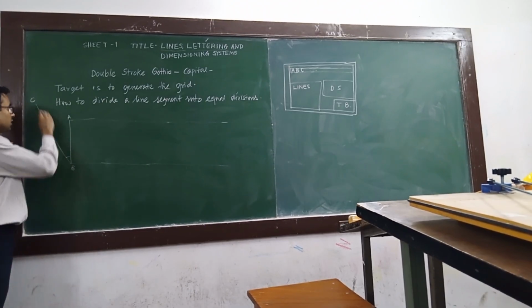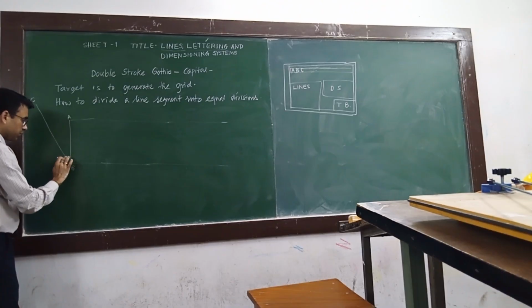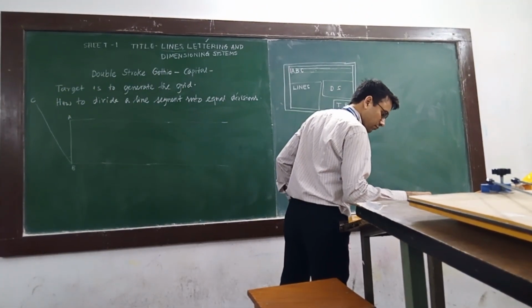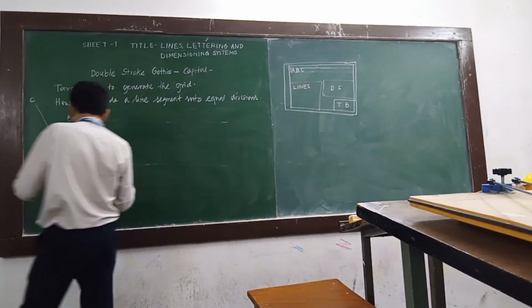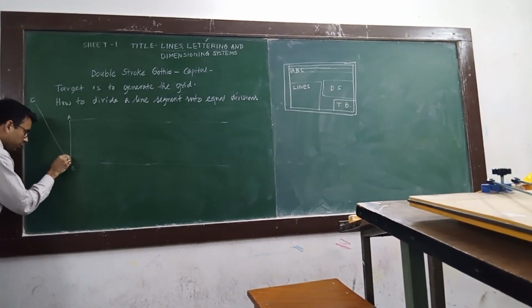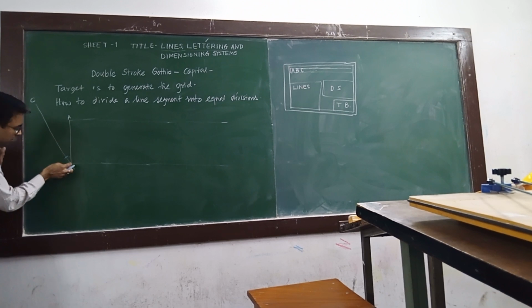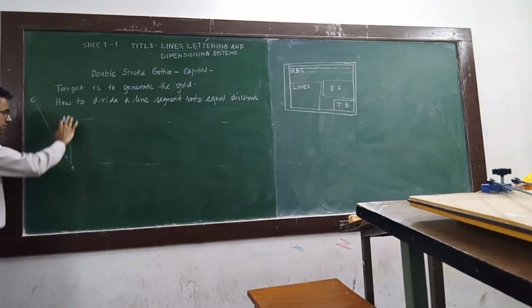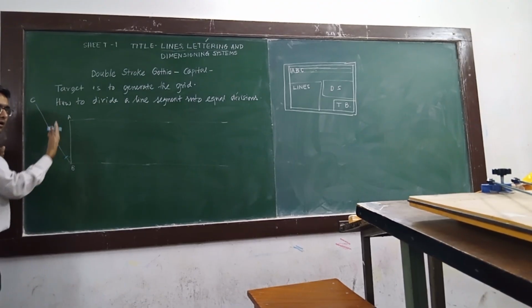Clear? So equal means, say for example, let me do that with a different color. Follow this carefully. I do it here with a compass. Take any arbitrary length. So what is that length? 30 mm. So 30 divided by 7 means how much? 4 point something. But I do not know the exact division. I will not calculate. I will not measure.